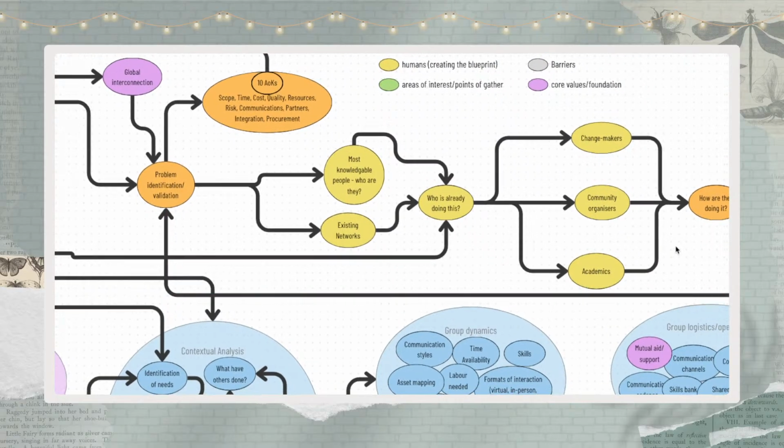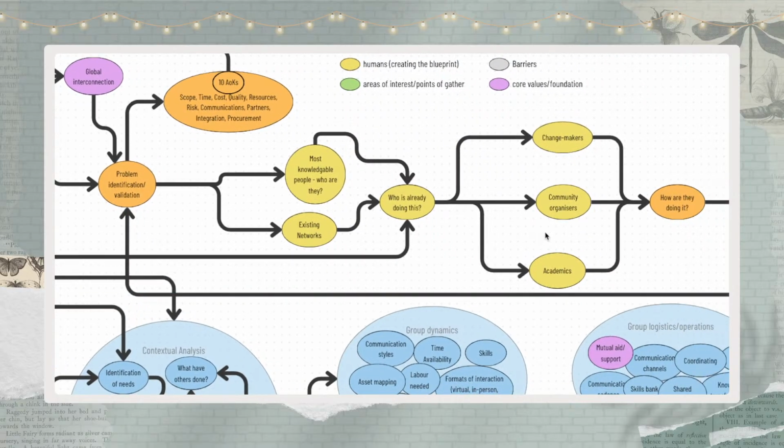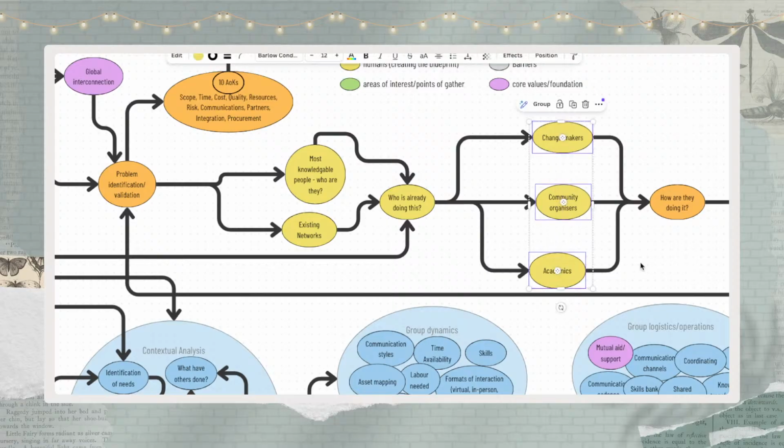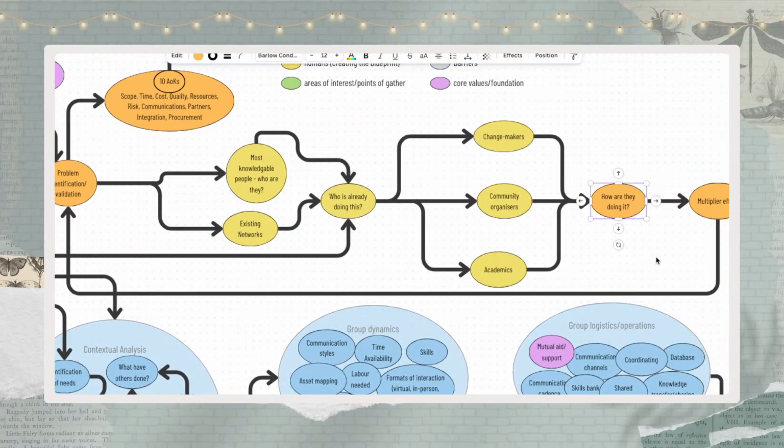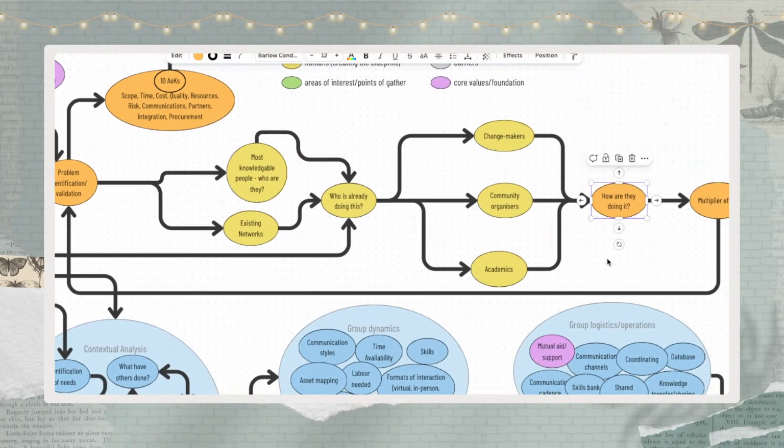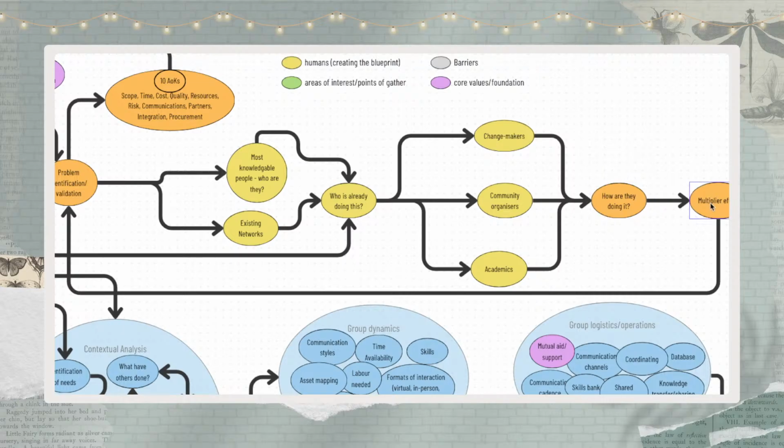And we'll discuss with these people, and not only will we discuss what they're doing, but also specifically how they're doing it, because that's part of what we're trying to figure out. How they're doing what they're doing in their communities, and how they are going about multiplying their efforts and their impact on a broader scale.